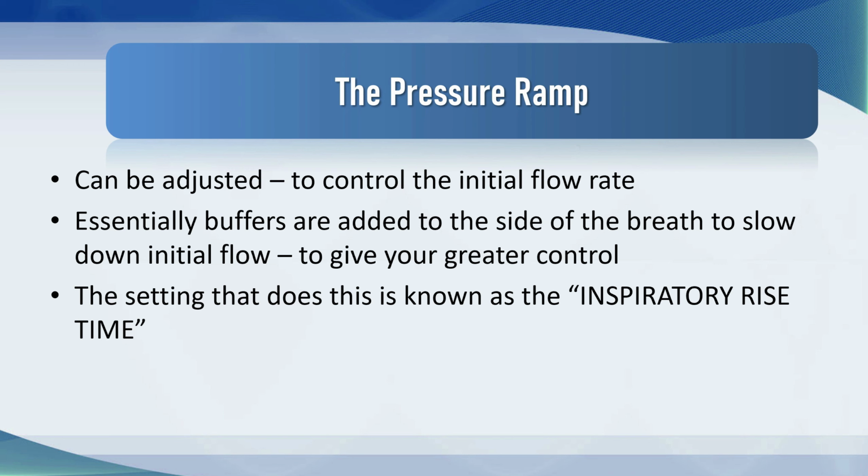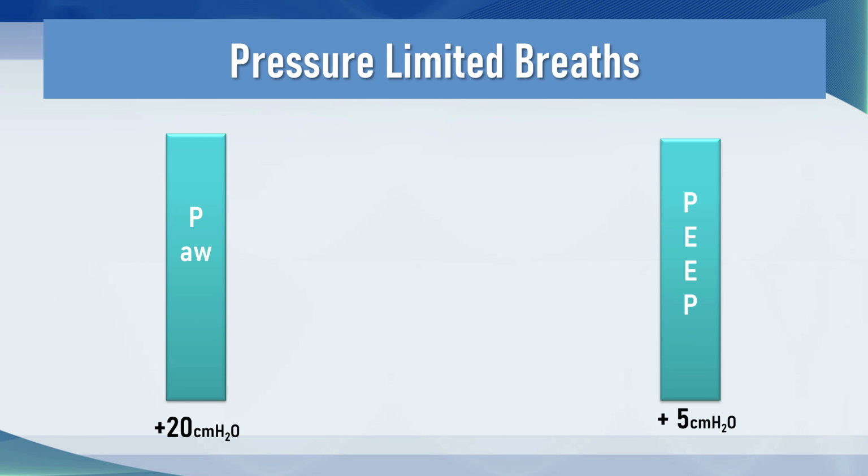Well, the pressure ramp can be adjusted to control the initial flow rate. Essentially, buffers are added to the sides of the breath to slow down initial flow or increase initial flow to give you greater control. The setting that does this is known as the inspiratory rise time. So here we are on a pressure limited breath. We're starting off at a PEEP of 5 and an airway pressure target of 20 centimeters of water.